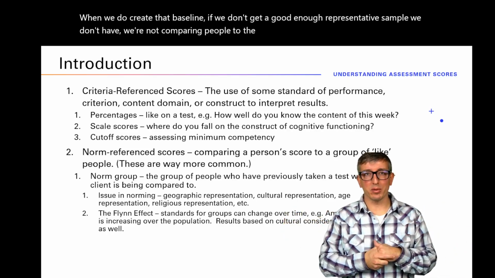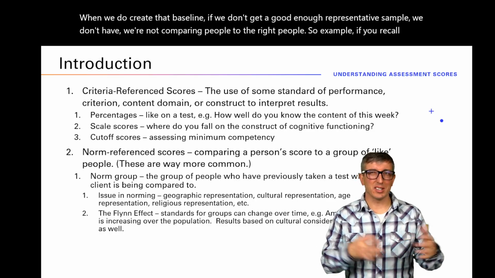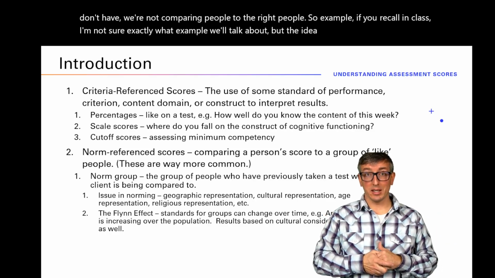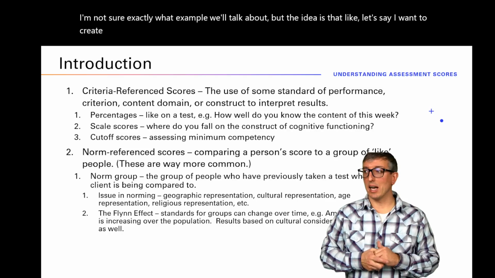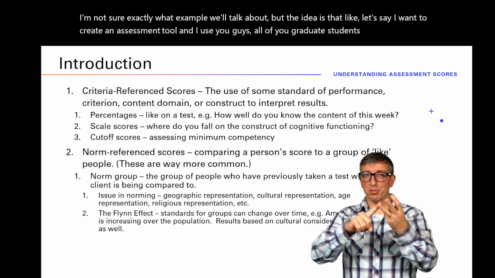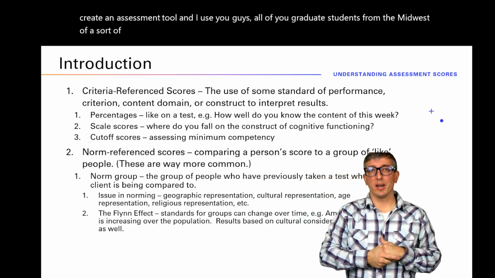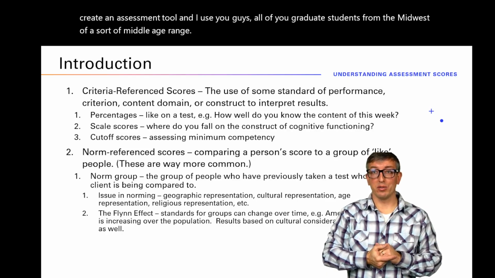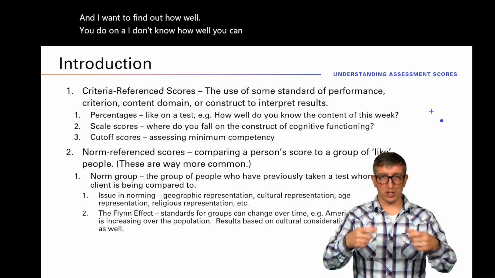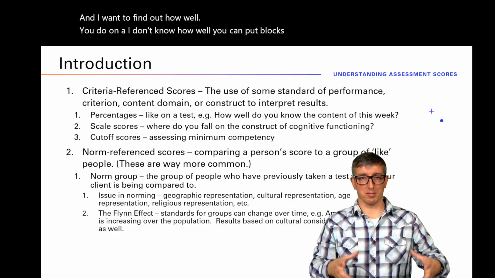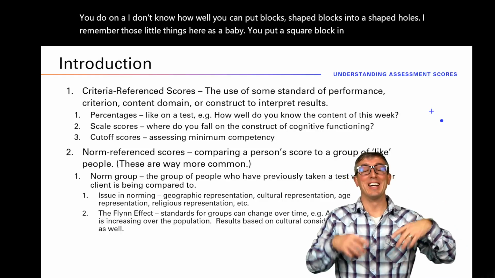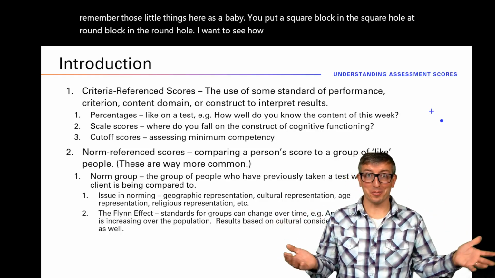Let's say I want to create an assessment tool, and I use all of you graduate students from the Midwest of a middle age range, and I want to find out how well you can put shaped blocks into shaped holes. Remember those little things? Here's a baby. You put a square block in the square hole, a round block in the round hole. I want to see how well you do something like that.